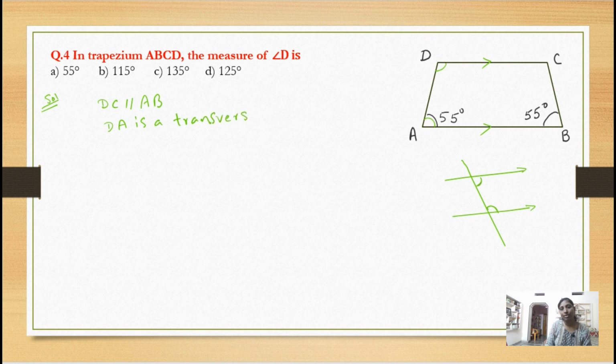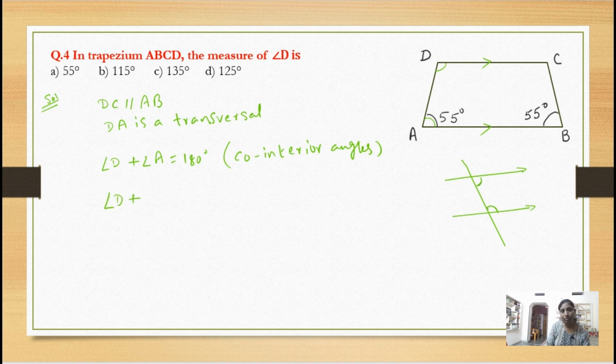Suppose you get this question in a 2 marker, you have to write in this way. Otherwise, no need to write all these things, just do the calculation and find out the answer. DA is a transversal, then angle D plus angle A is equal to 180 degree. Mention the reason here: co-interior angles. Now we have to find angle D and put the value of angle A here.